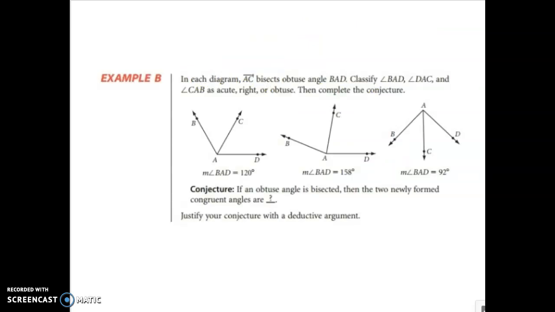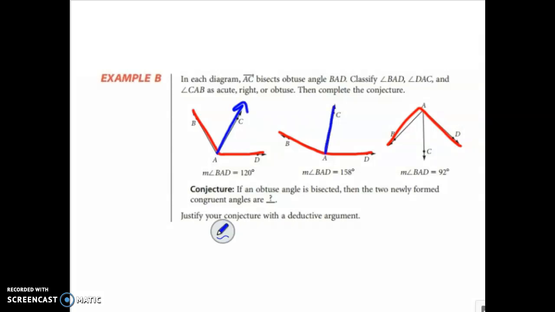Then a geometry example here. I have 3 obtuse angles, BAD, obtuse, obtuse, and obtuse. Then I also have a bisector.